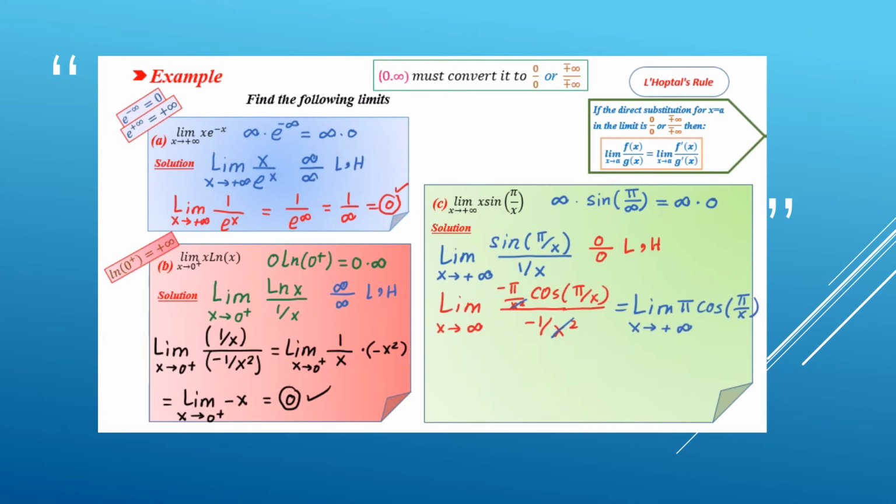Now by replacing infinity in our limit, we get that the limit equals pi multiplied by cosine pi over infinity, and pi over infinity equals 0. So we have pi cosine 0, and cosine 0 equals 1, multiplied by pi equals pi.